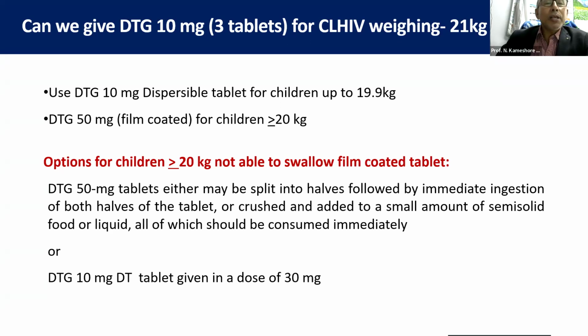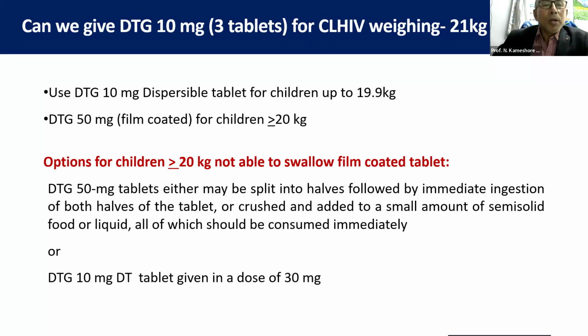Let us see what is the recommendation. Recommendation is that DTG 10 milligram dispersible tablet is meant for children below 20 kg. If the child is equal to or above 20 kg, then it is recommended to use 50 milligram film-coated DTG tablet.